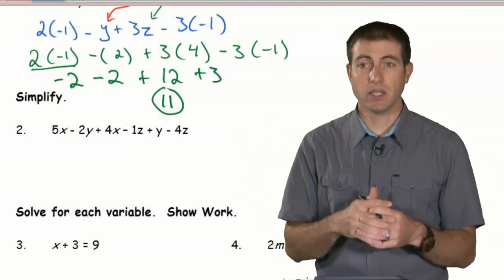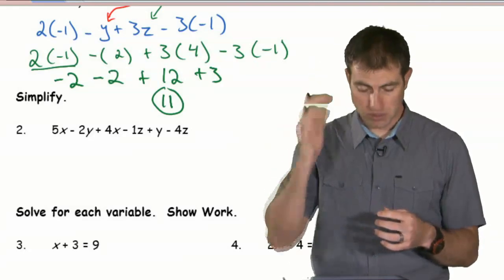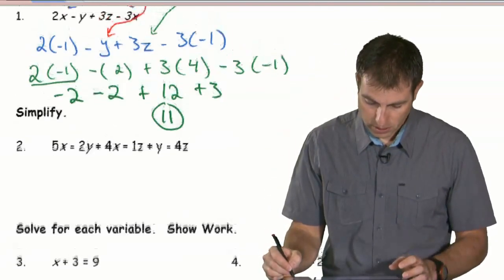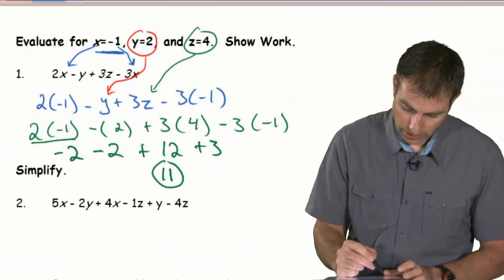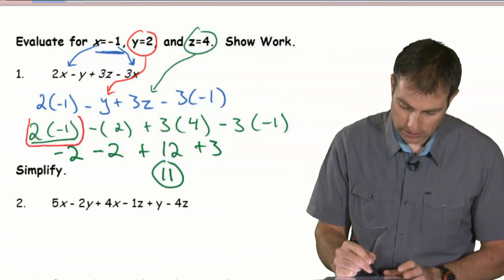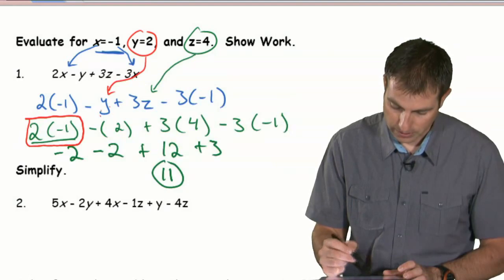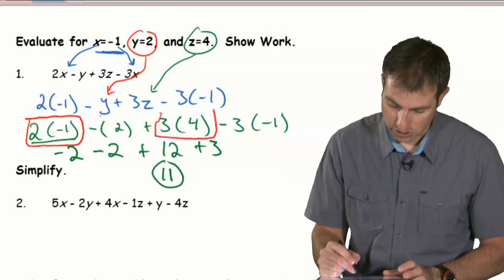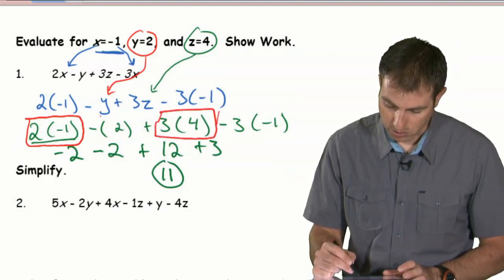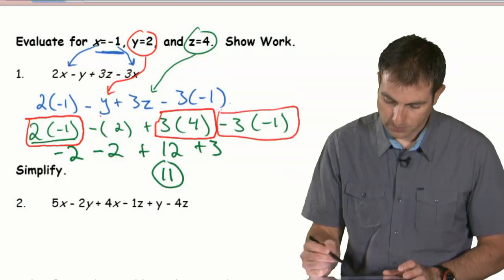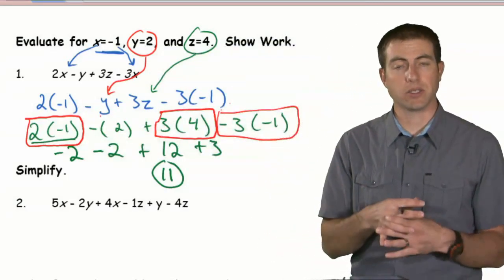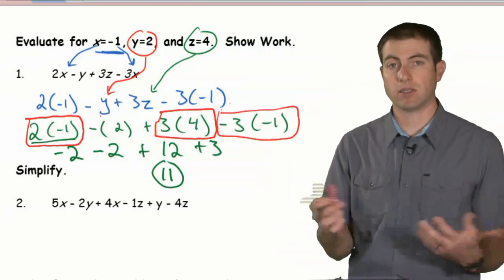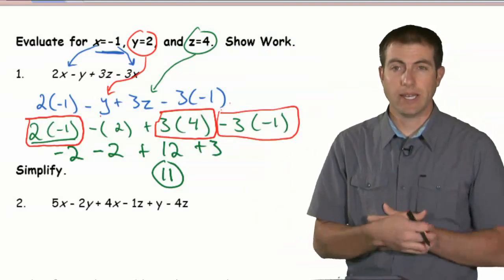How am I getting the -2 minus 2 plus 12 plus 3? That's a good question. I'm doing the multiplication, so maybe I'll throw in some red here. I substituted this in, so I'm going to do the multiplication there. And then I had some multiplication here. And then I had some multiplication here. And I was going to do all of that multiplication before I added or subtracted using my BEDMAS, my order of operations.